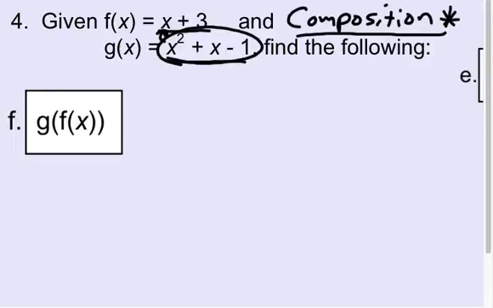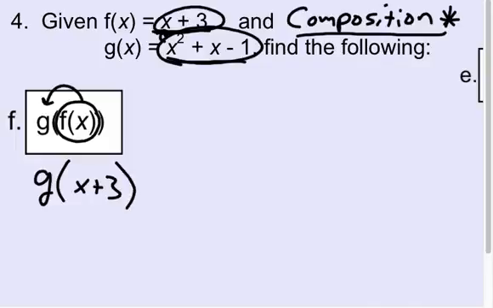So, not multiplying here. This is not what I'm seeing. It's f of x. I'm going to take this function and plug it into the g function. So I want to find g of, well, what is f of x? F of x is x plus 3. So I'm going to plug x plus 3 into the g function. That's what I'm doing here.